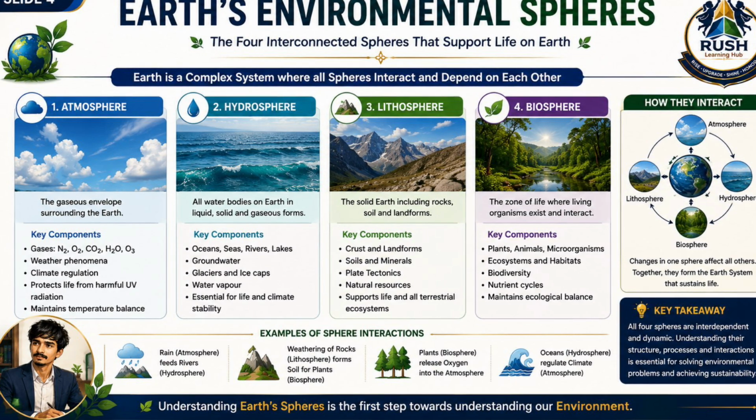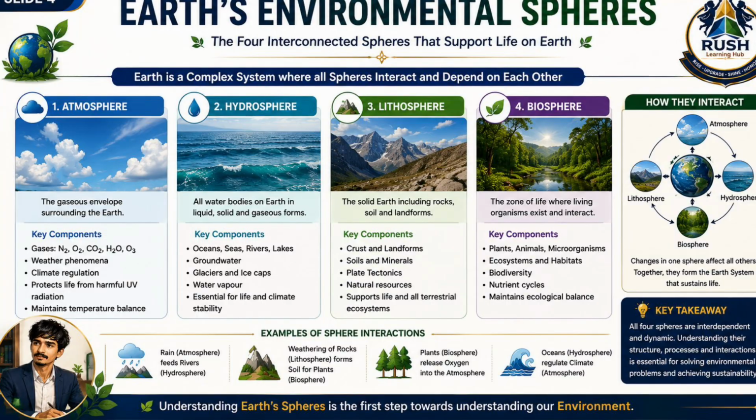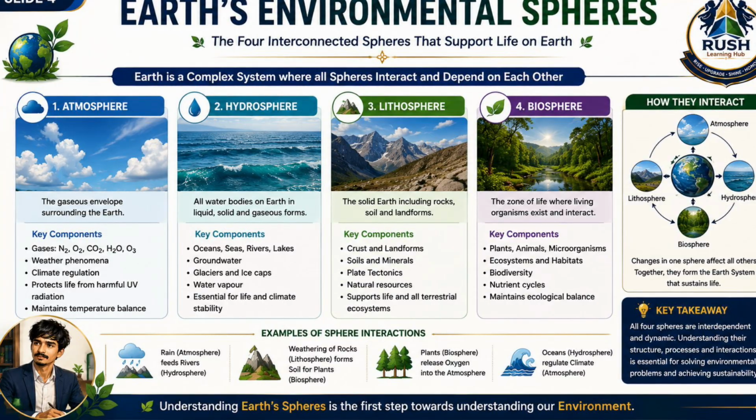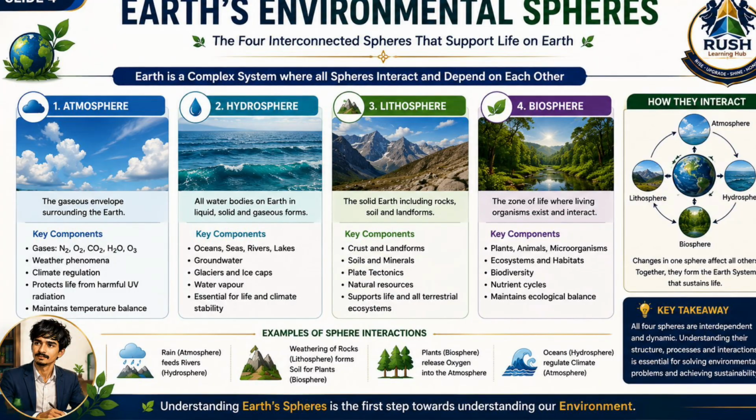The atmosphere performs several important functions. It provides oxygen for respiration and carbon dioxide for photosynthesis. It regulates the Earth's temperature through the greenhouse effect, protects living organisms from harmful ultraviolet radiation through the ozone layer, and supports weather and climate systems.